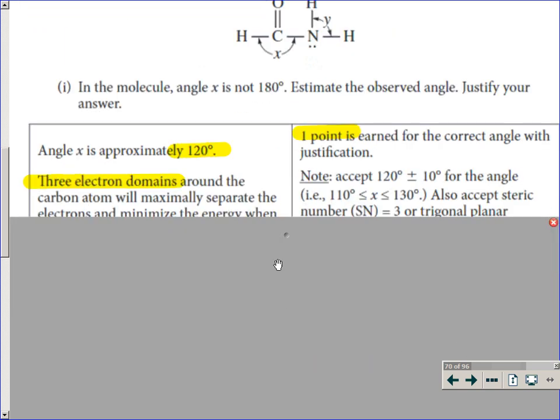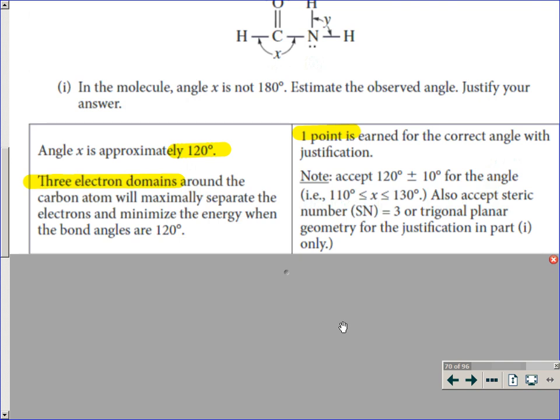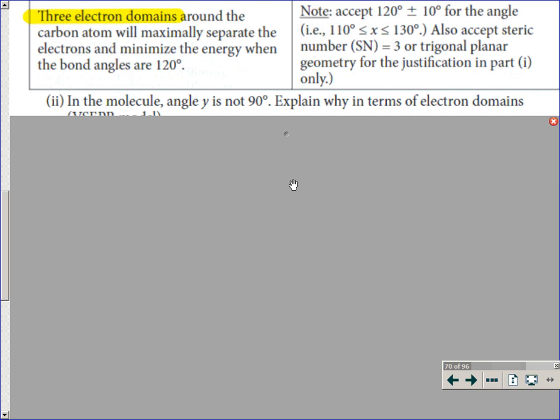So 120, and your justification is either you mentioning the geometry of trigonal planar, and that would probably give you points, though it's not denoted here, or mentioning there's just 3 electron domains in a plane to represent a 120-degree angle. So electron domains is a really easy way to mention or justify your bond angles.